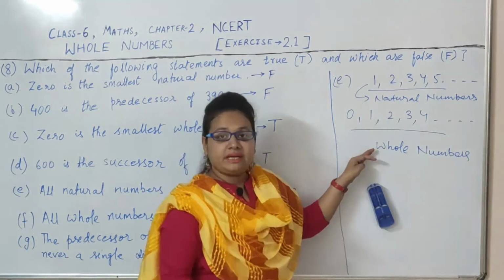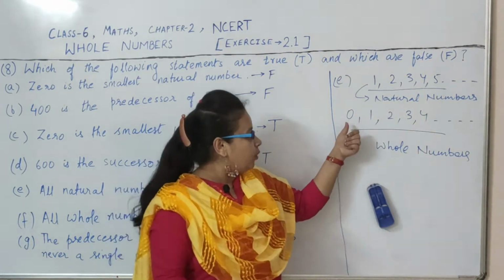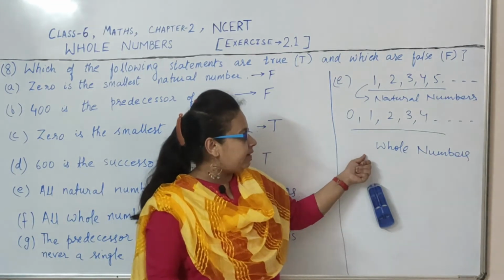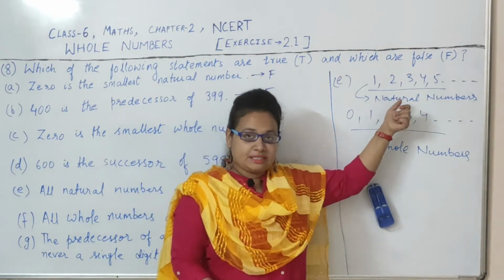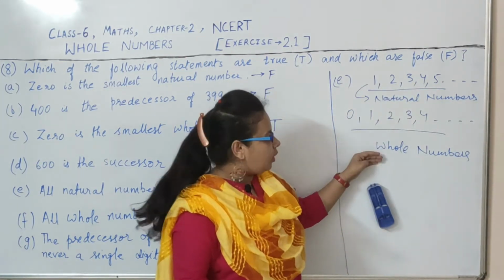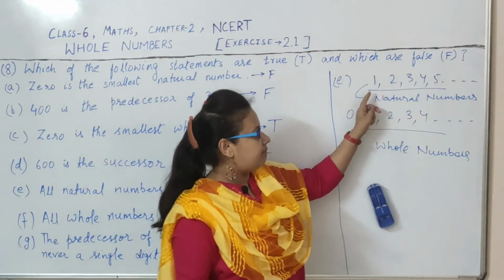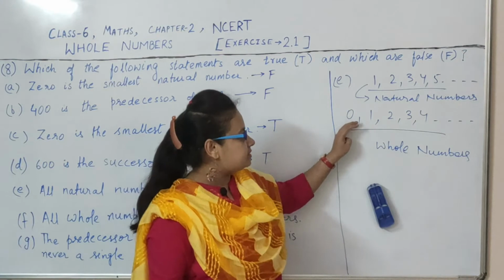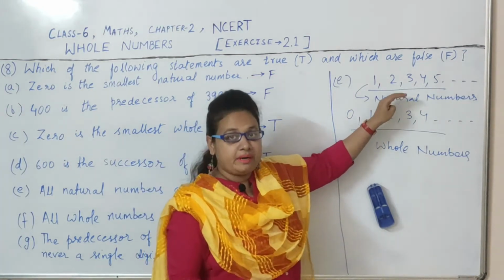So the difference is only because of this 0. There is 0 in whole numbers and there is no 0 in natural numbers. So the only new thing in whole numbers is 0, the extra thing which natural numbers don't have.